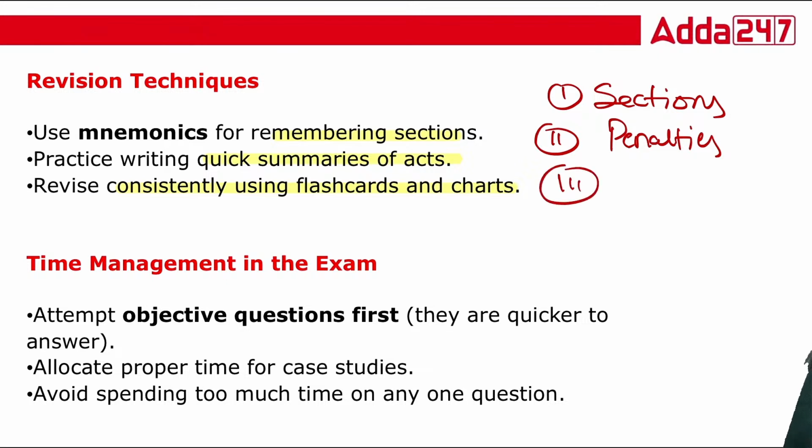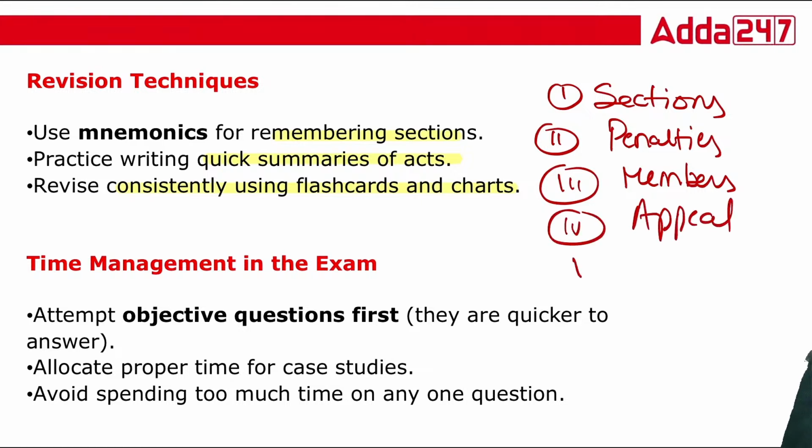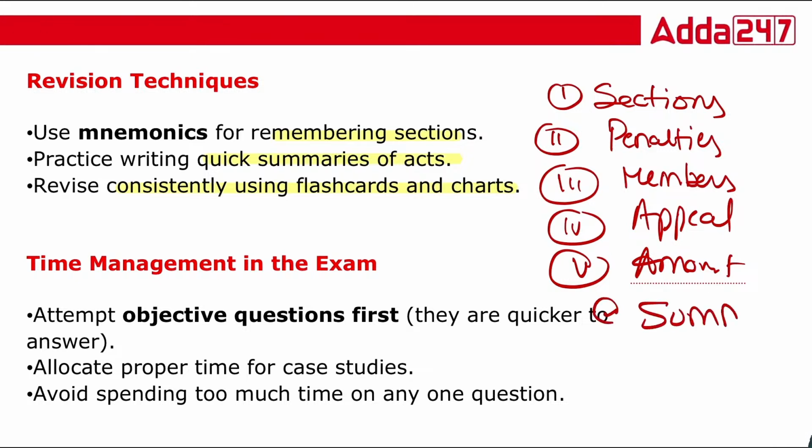You have to deal with the number of members in an LLP, company, partnership. You have to deal with the number of appeals. You have to deal with how much amount we have to pay if we want to appeal. So there are so many things that you have to do apart from the paid classes.